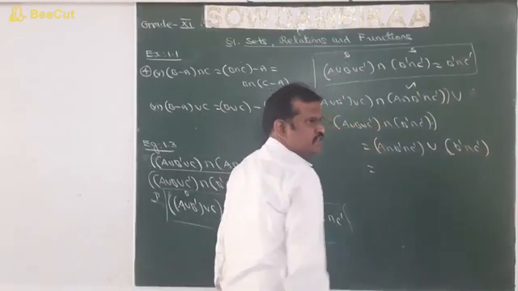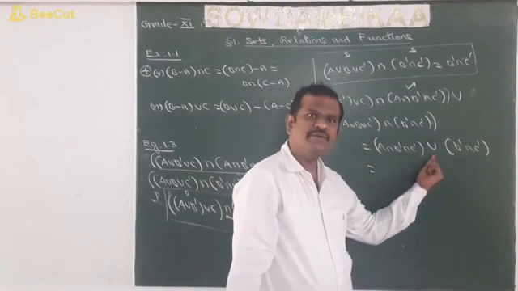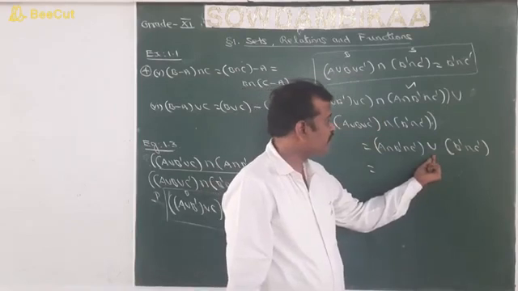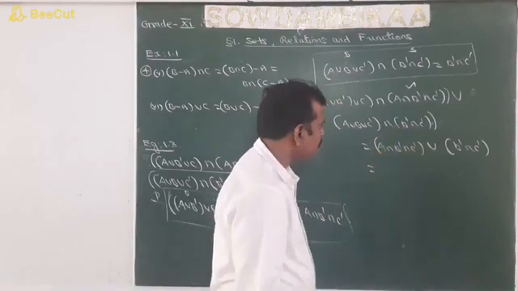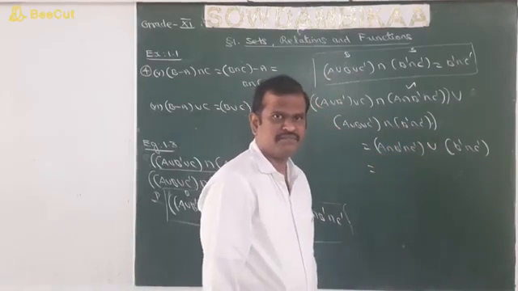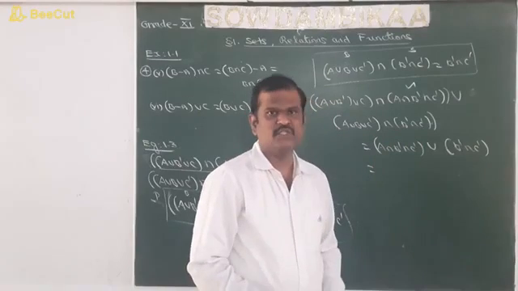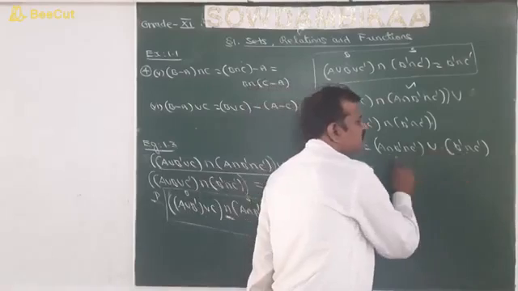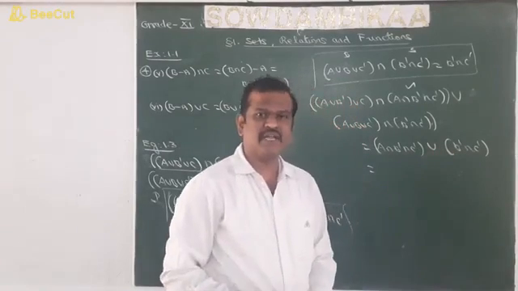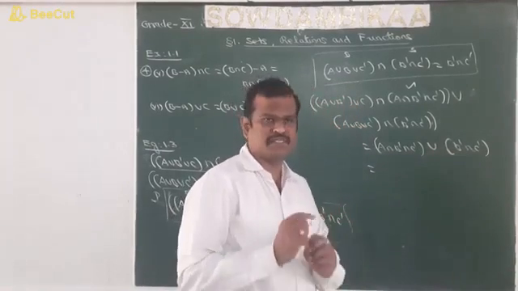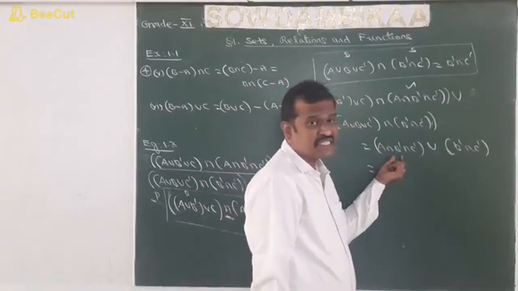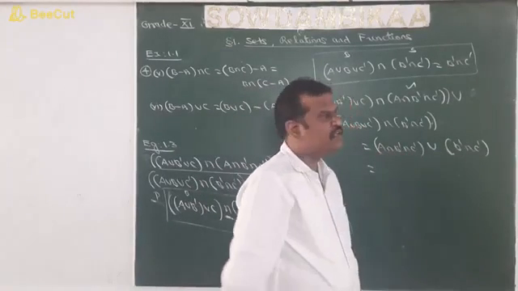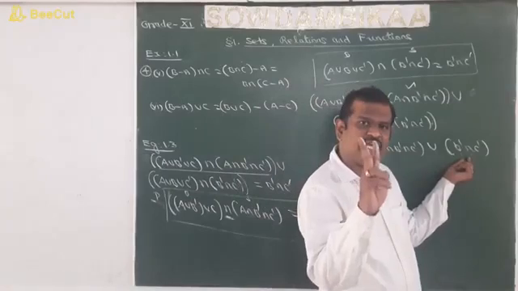So small set. Now we are going to take union. Union means we will get a small set or big set? Obviously we will get the big set. Here both are intersections, so we have to decide which one is a big set and which one is a small set. Here we are taking intersection of three sets, and here only two sets.